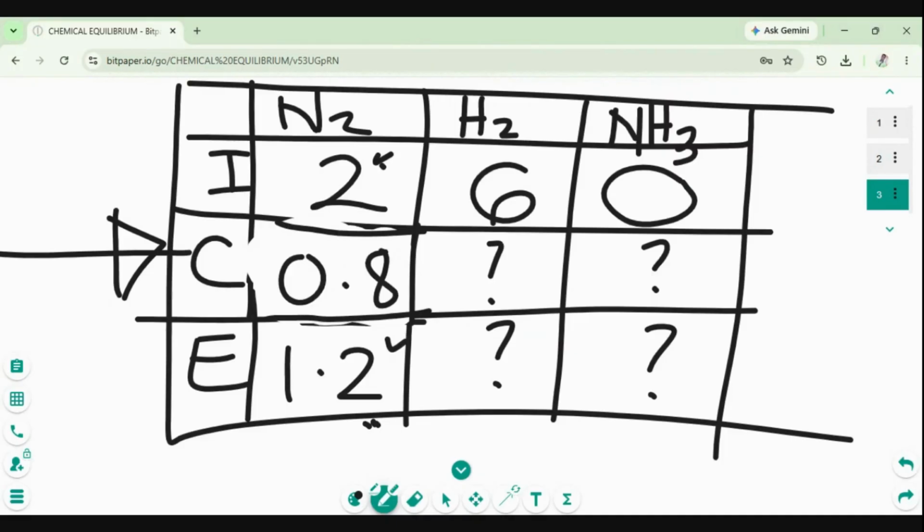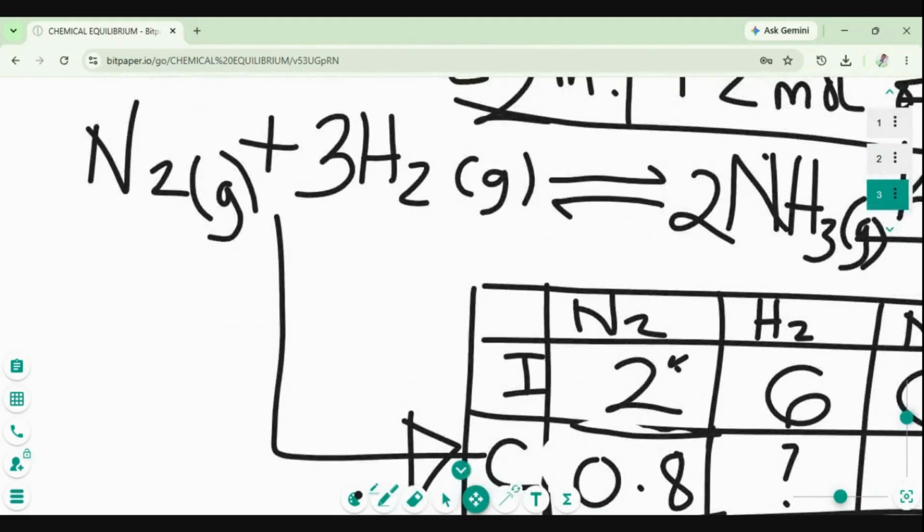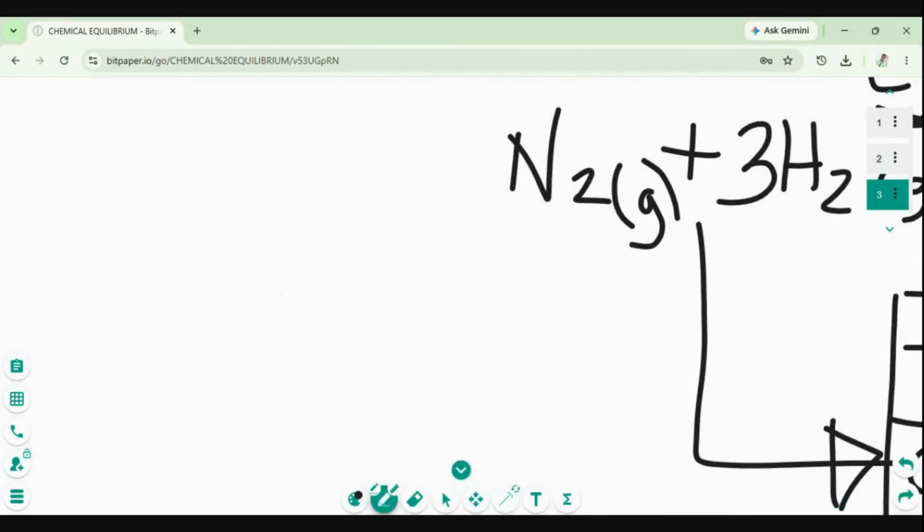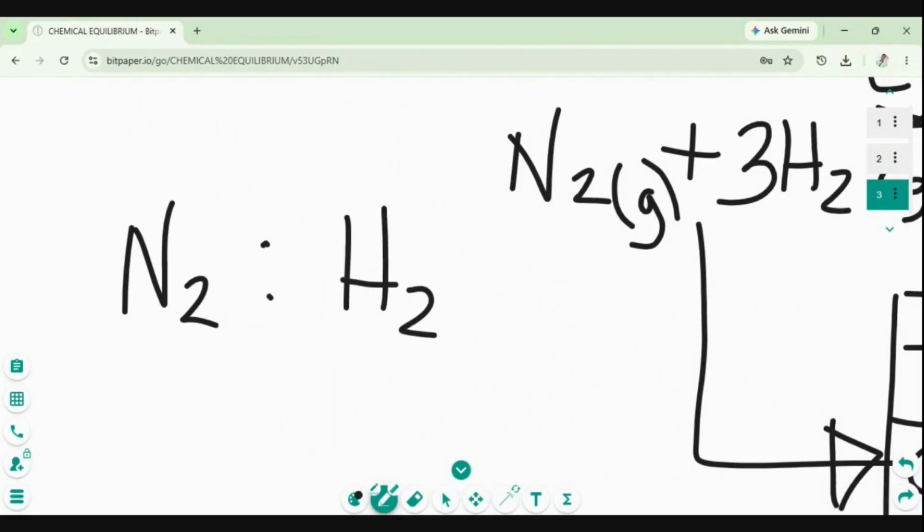By using the equation. That is why this arrow, members, becomes very, very important. Which arrow? The arrow that takes me to the equation. What does that equation tell me? That if I have nitrogen, you start with what you have. I have nitrogen, and this nitrogen is reacting with hydrogen. But the equation is telling us whenever 1 mole reacts, it will react with 3 moles.